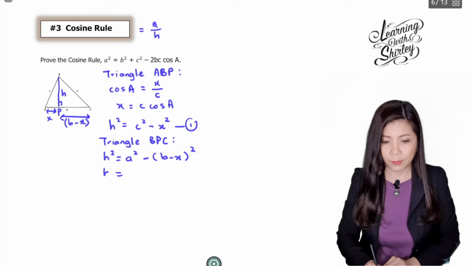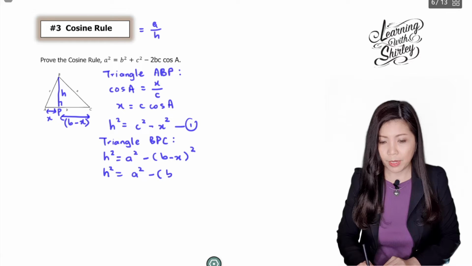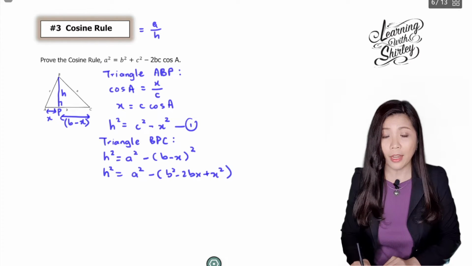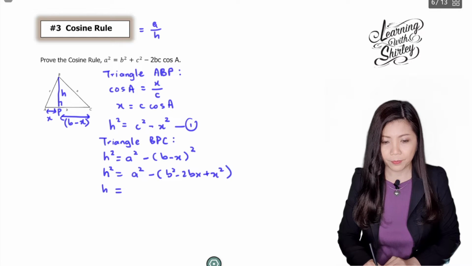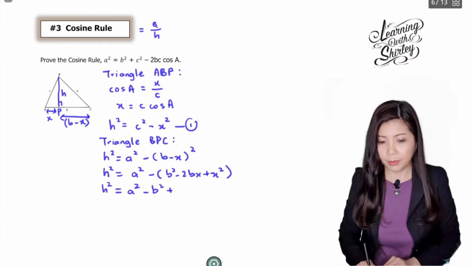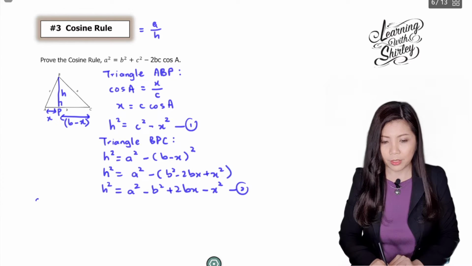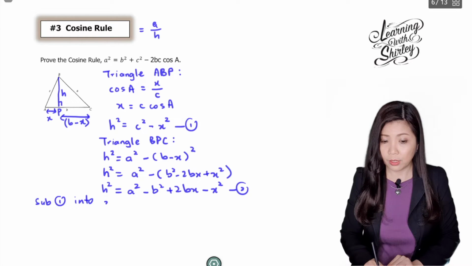Now let's expand the bracket: b squared minus 2bx plus x squared. Then we open up the bracket, so there'll be no more brackets: a squared minus b squared plus 2bx minus x squared, and this is going to be equation 2.